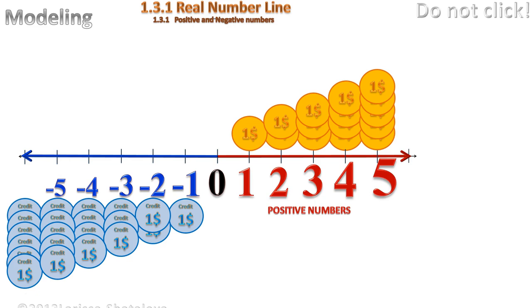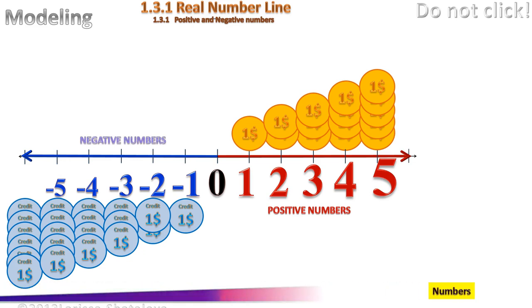But if you look at positive numbers, numbers grow from 0 to the right. We have to keep this pattern. This is why we have to say all numbers, negative and positive, grow from the left to the right.